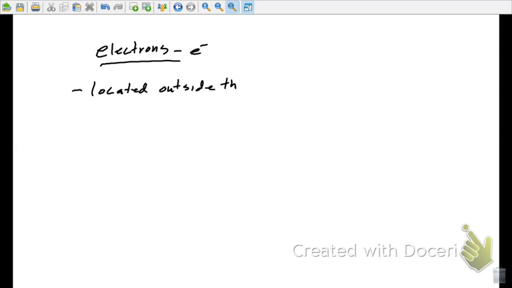And then the last thing that finishes things up, we're almost done, is dealing with electrons. For electrons, we're going to use an E minus for shorthand. They are located outside the nucleus. They have a relative charge of a -1, opposite of protons. So they'll cancel each other out if we have equal numbers of them.